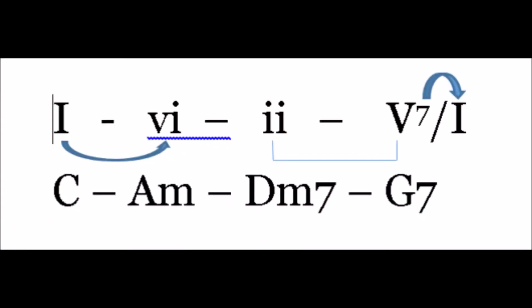A lot of times progressions will start with 1, 6, 2, 5 or 1, 6, 4, 5 and go other places from there, and that's perfectly fine. But today we're going to start with 1, 6, 2, 5: C major, A minor, the 6 chord, D minor, which is the 2 chord, G7, and then back to 1.